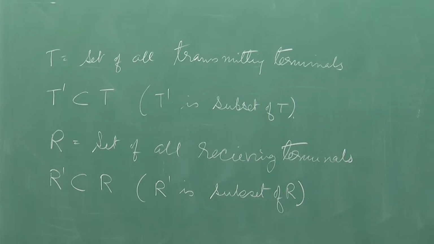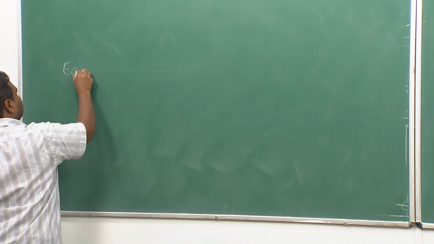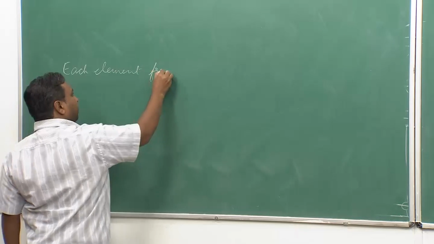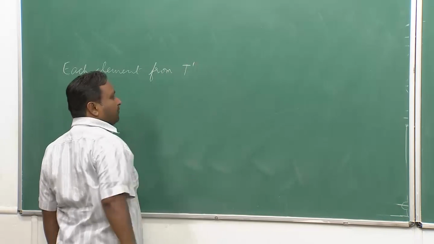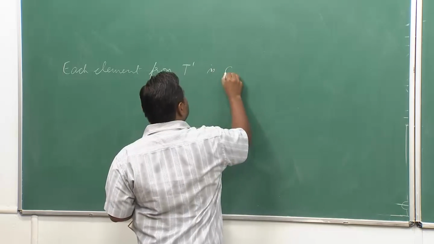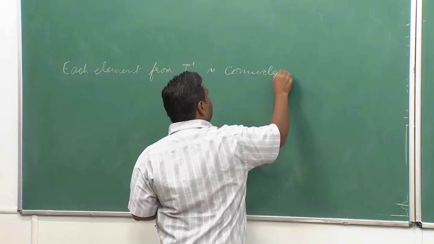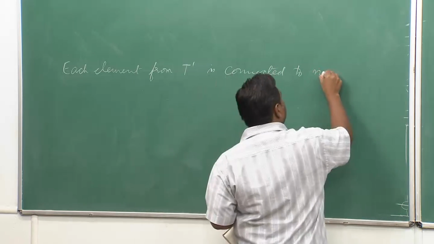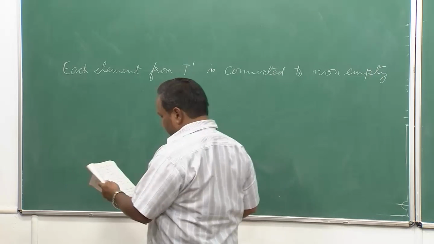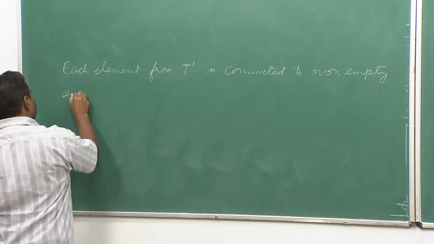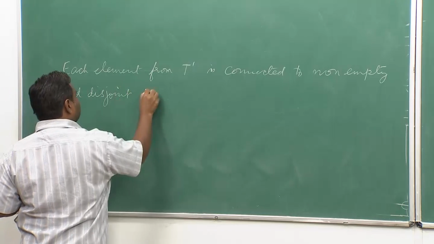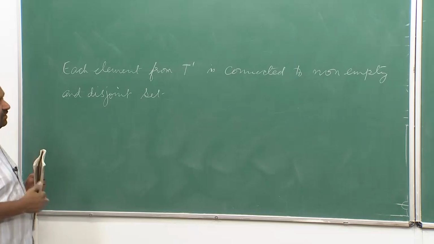Now, each element from T prime is connected to a non-empty and disjoint, and I am talking about the set of output terminals.